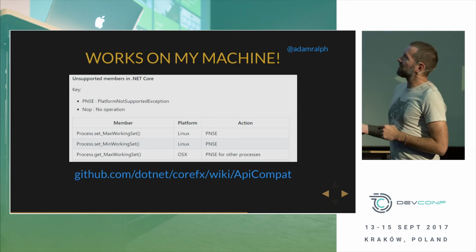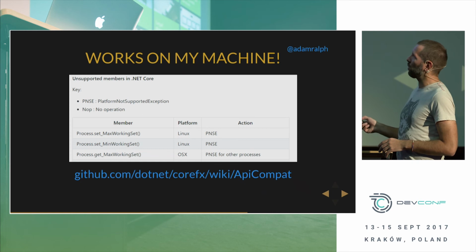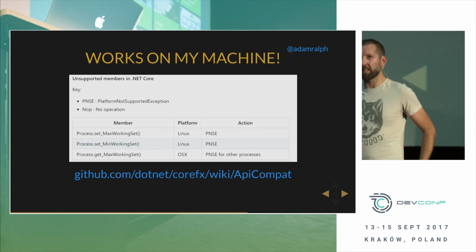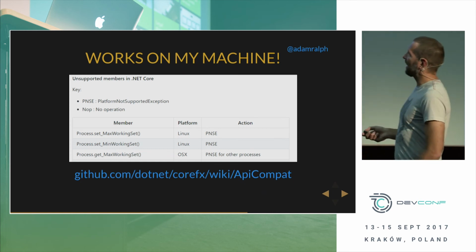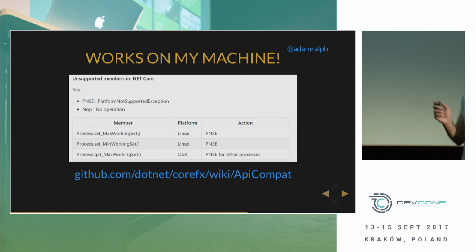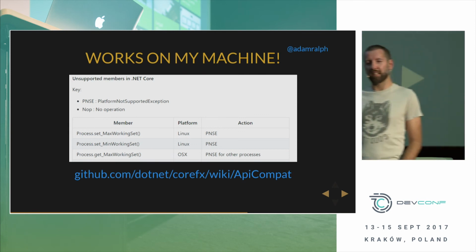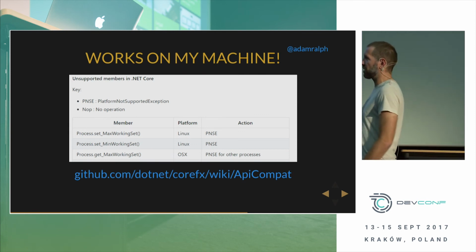So what this is telling you is that on Linux, the setter of max working set will throw a platform not supported exception. And likewise on OS X, for other processes, this will throw a platform not supported exception. So this is quite important to know if you're using some of those APIs.